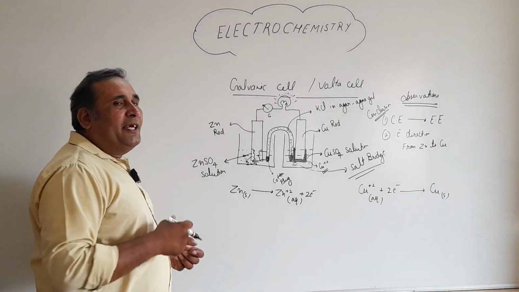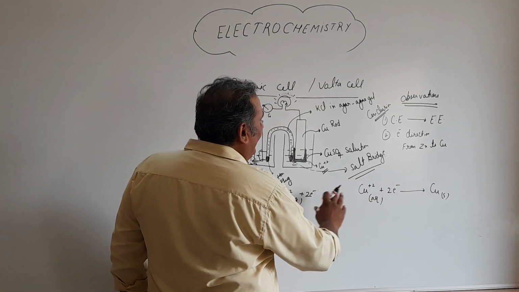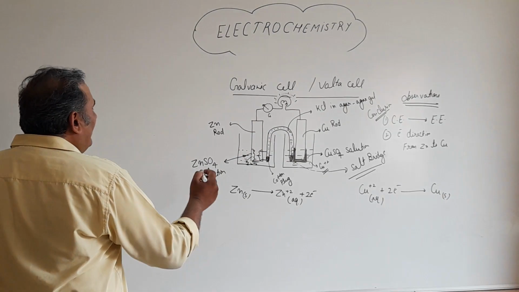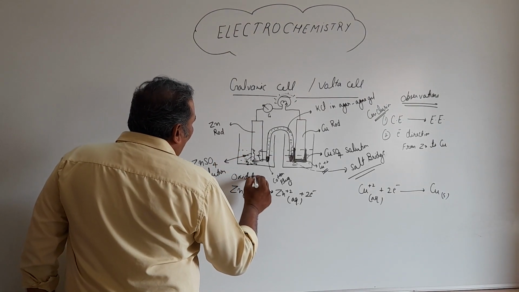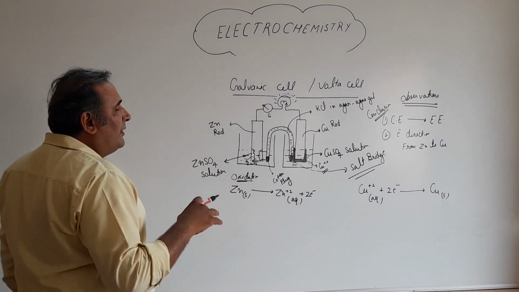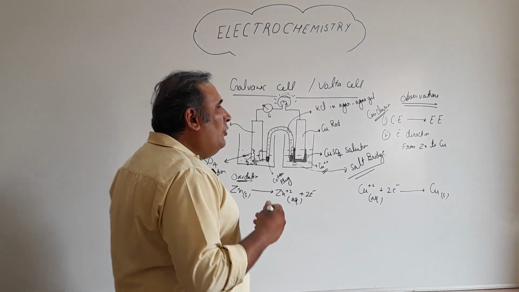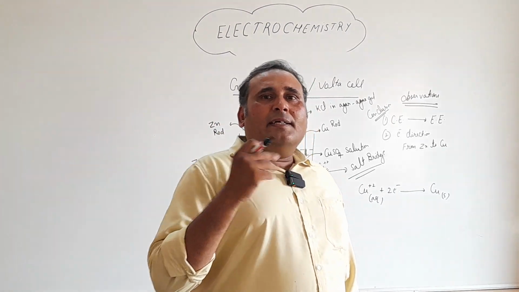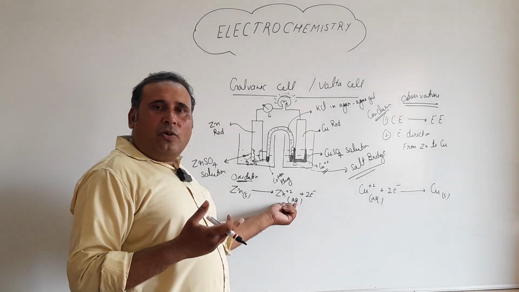So what does it mean? There is a redox reaction. Where is the redox reaction? Zn gets converted into Zn2+ and Cu2+ gets converted into Cu. When Zn gets converted into Zn2+, that is called oxidation. If any species loses electrons, we say it is oxidation. Because zinc is donating electrons, that's why it is called oxidation.